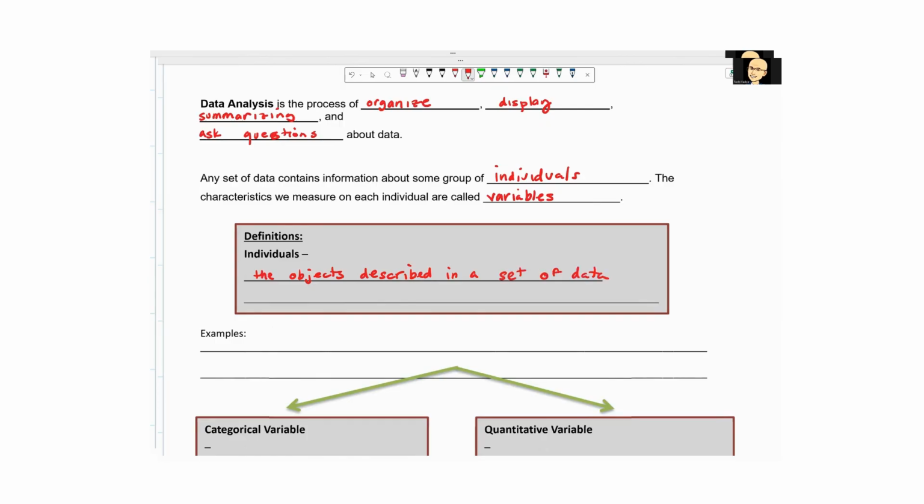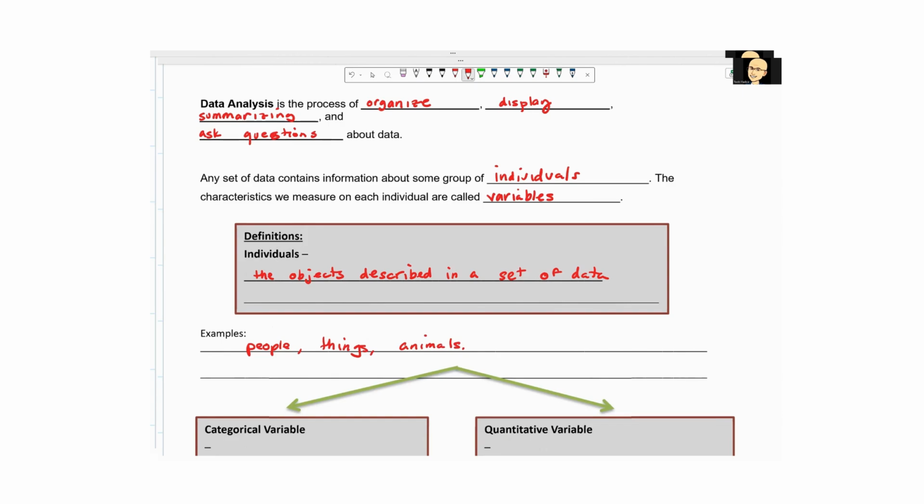And what are the examples of those kinds of things that might be in a set of data? Well, they could be people, like the people in our class. They could be things, like water samples to find out if there's dangerous chemicals in them. They could be animals, like the wolves on Isle Royale.